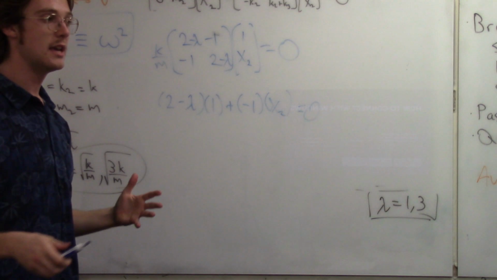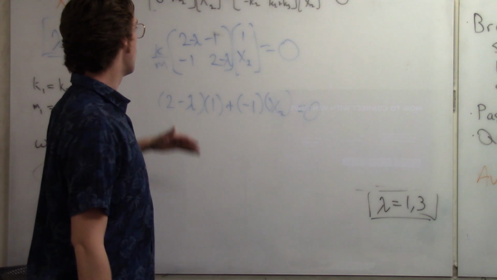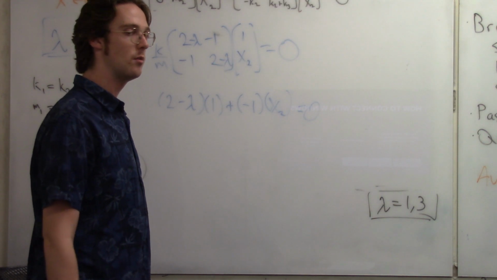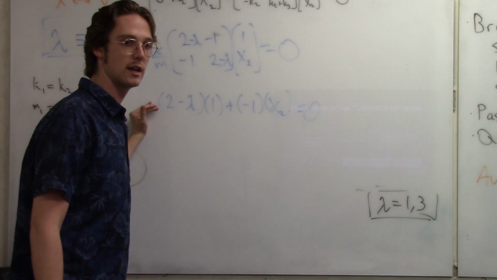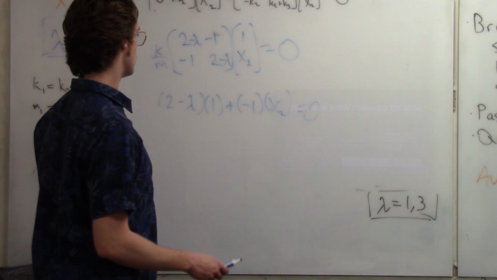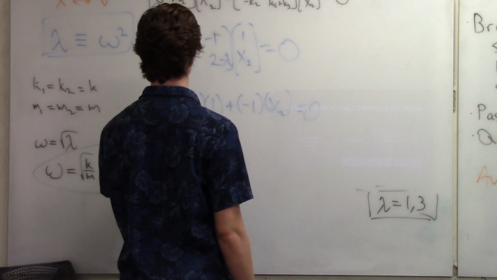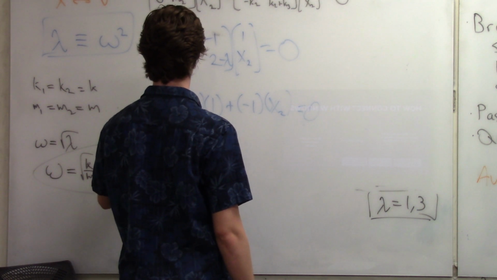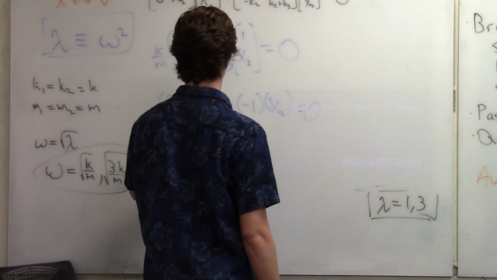Again, you can save yourself the trouble of multiplying the whole matrix out, since you only need one equation. Solving this, I've got 2 minus lambda is equal to x2.